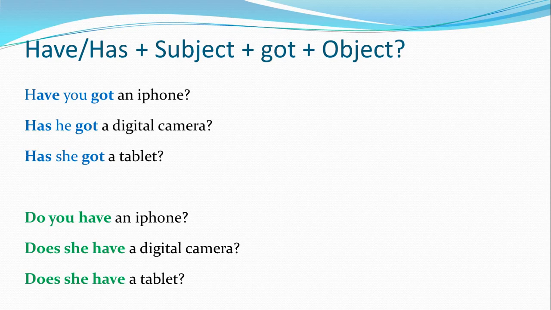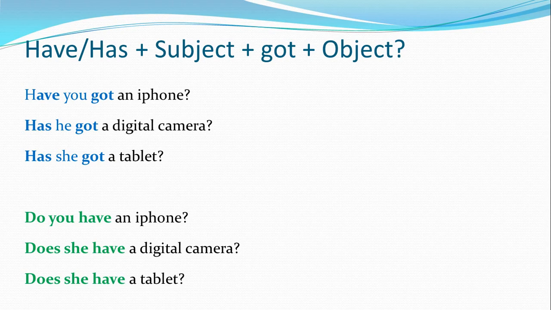And what about have and has? We use the auxiliary verb do or does at the beginning of the sentence. You see the example there. Do you have an iPhone? Does she have a digital camera? Does she have a tablet? So you can say, have you got an iPhone?